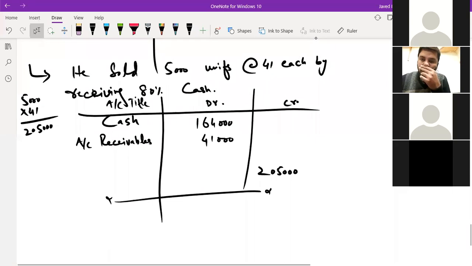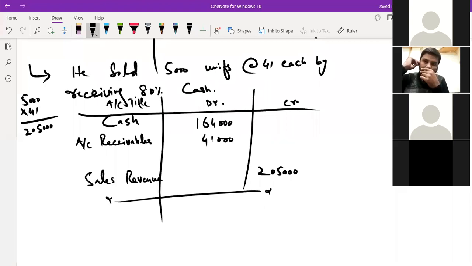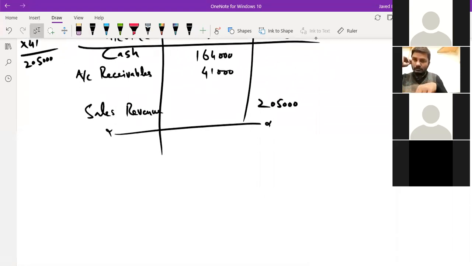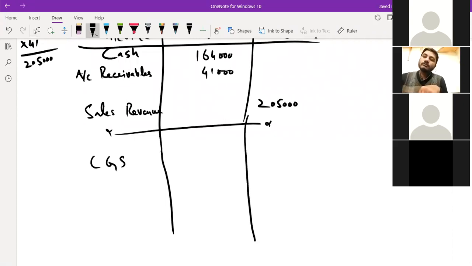But we also know that whenever a sale occurs, we have to record cost of goods sold, which is COGS, and this should be credited against purchases.